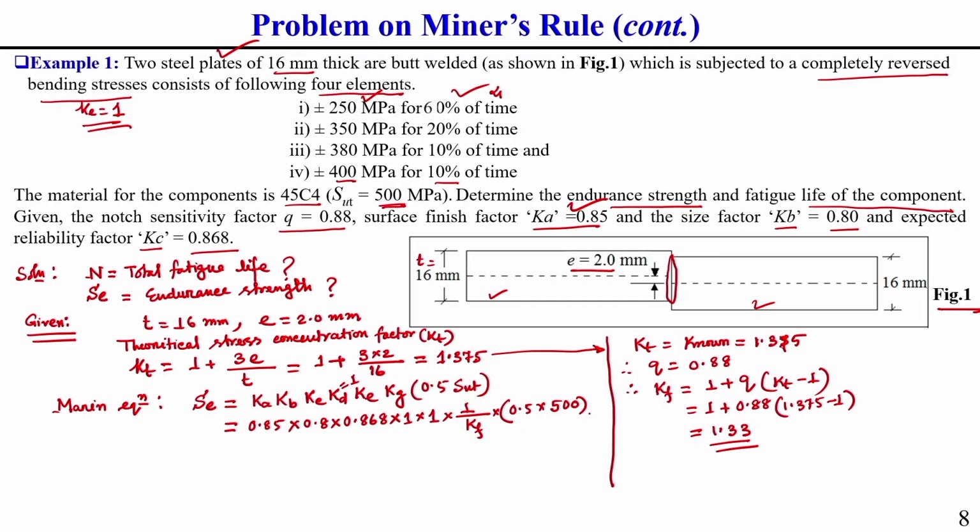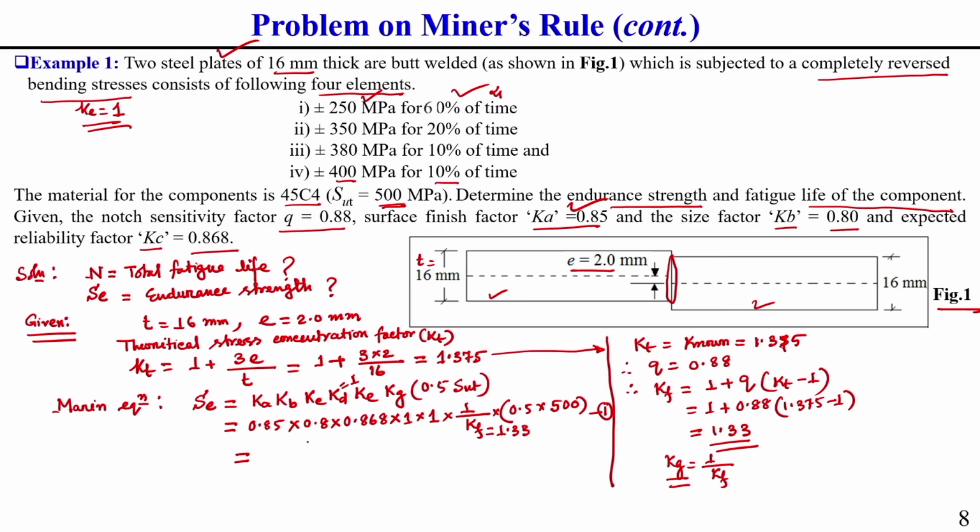I am writing this Marine equation as equation number 1. In equation number 1 we put Kf equal to 1.33. Everything is known in this equation, because Kg is equal to 1 by Kf, so instead of Kg I have written 1 by Kf.